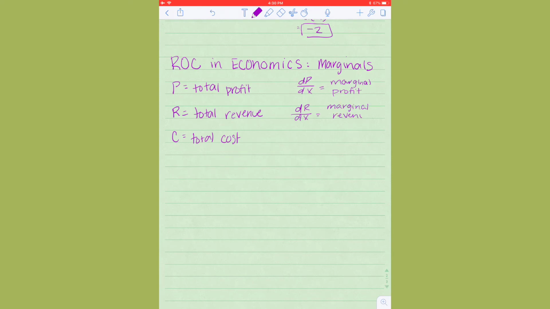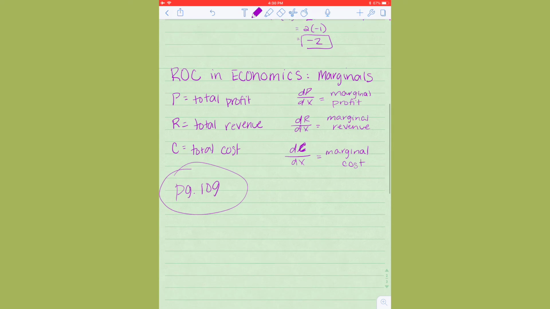And if I look at my cost derivative, dC over dx, that would represent my marginal cost. A great representation of this is in your book, page 109. Word problem number 5 is a great example of how we can utilize rate of change in economics.